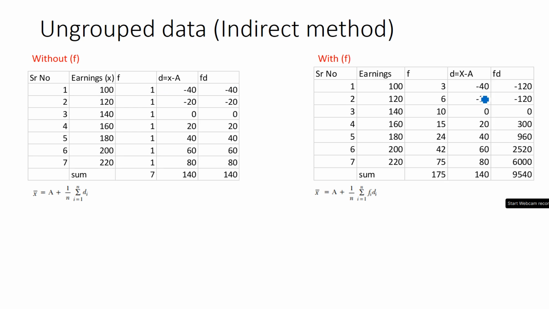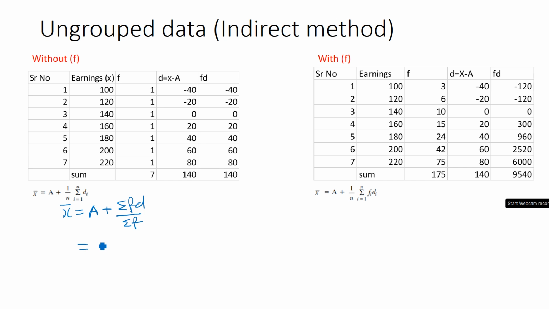So on the left hand side, I have summation fd, and on the right hand side, I have summation fd. If you notice, the summation f is 7 observations here, and here it is 175. The formula is mentioned for you, which is x bar, which means mean, is equal to a, the assumed mean, plus summation fd upon n. So let's calculate. So I write x bar equal to a plus summation fd upon summation f.